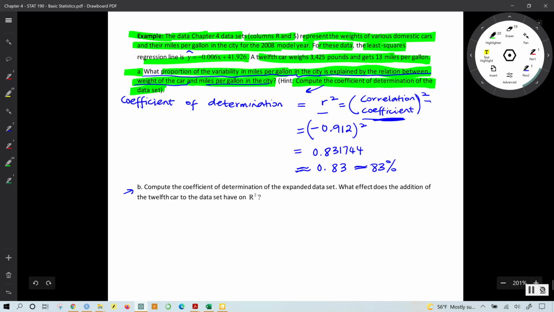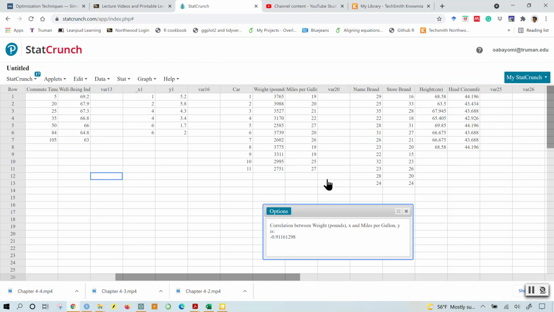Then, question B, we are to compute the coefficient of determination of the expanded data set. What is the expanded data set? Recall that we're told that a 12th car weighs 3,425 pounds and gets 13 miles per gallon. What we're going to do in order to get the expanded data set is to expand that existing data set by including 3425 first in the weight here.